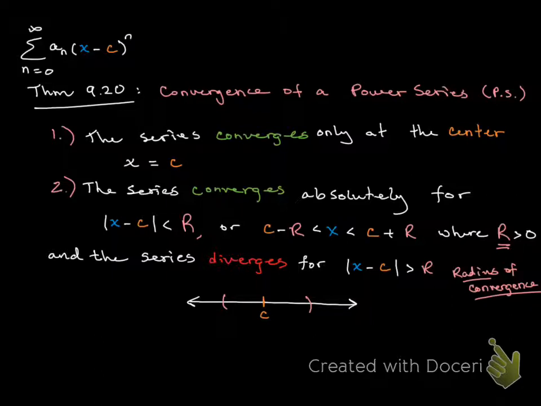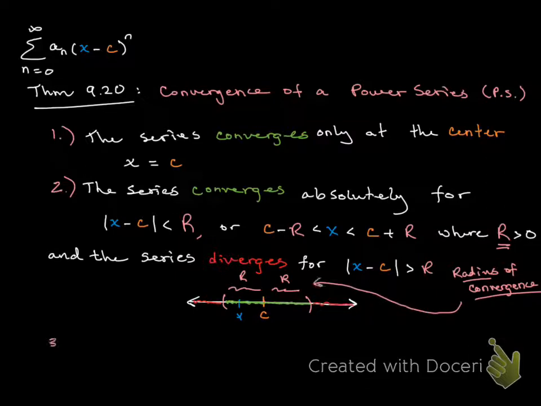So what can happen is that for any x within this interval, for any x that's within r of the center c, we have convergence. So we're going to converge all in here. This is what this second option says. And we're then going to diverge everywhere else. Now, these distances there, that's our radius of convergence, right? That's our r.